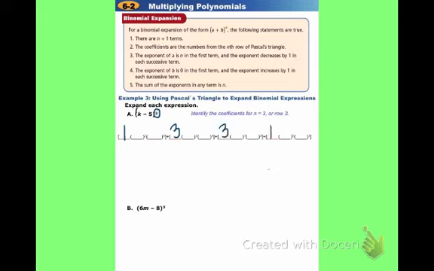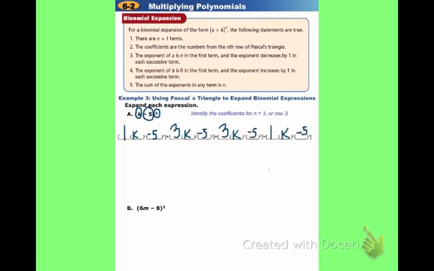Then we take the first term k, start at the highest power of 3 and go down: k cubed, k squared, k to the 1st, and k to the 0 power. Then we go to the second term, negative 5, in ascending order starting at 0: negative 5 to the 0, negative 5 to the 1st, negative 5 squared, and negative 5 to the third.